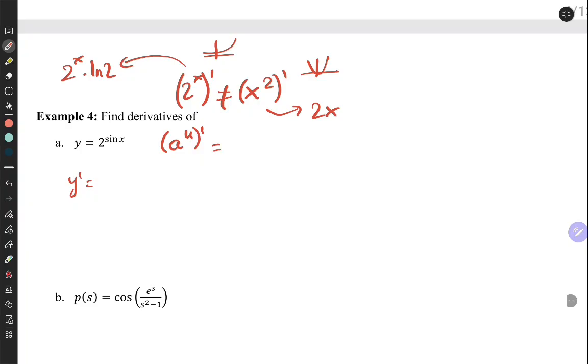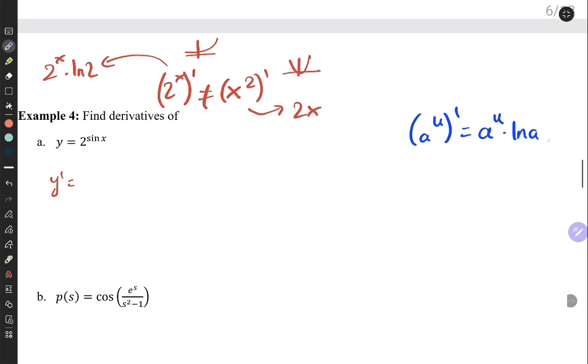Okay, I'm going to write the formula again in case you haven't memorized. The derivative of a to power u is going to be a to power u times ln of a times du over dx. U is that side. A is that number 2.